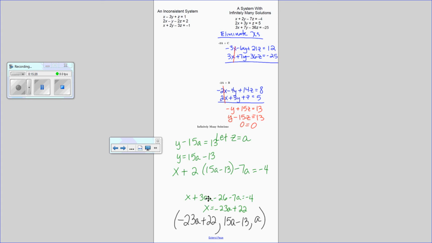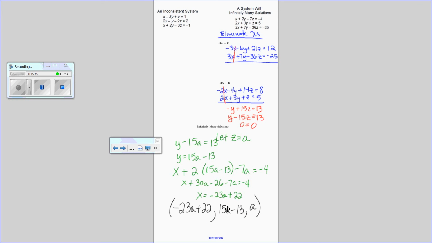Say, for example, I want to let my a value equal 1. This would mean that my system of equations has the following solution. X would be negative 1 because negative 23 times 1 plus 22 equals negative 1. My y value would be found by doing 15 times 1 minus 13, which is 2.